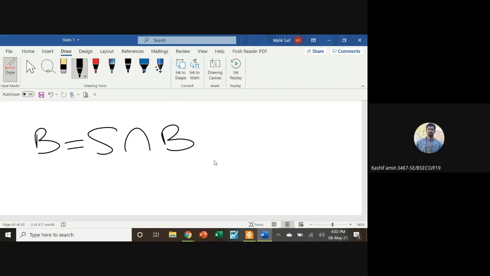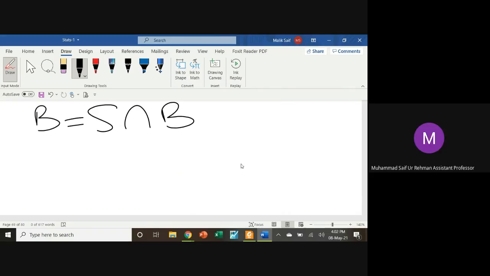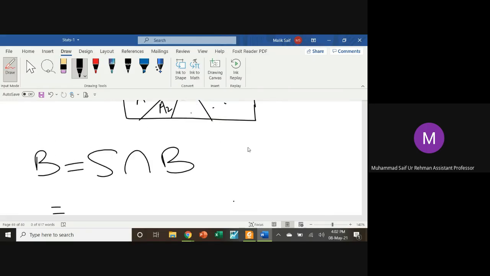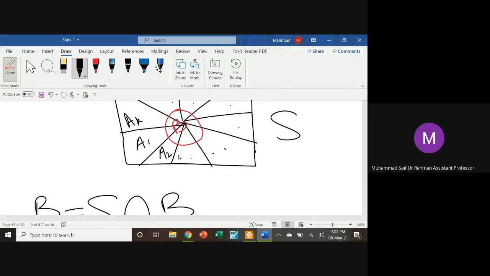Yes, sir. Okay. So if this is true, then move onward and write down sample space. So you say that sample space S is, if you see the partitions A1, A2, so all these partitions, when they are together, they make the sample space.